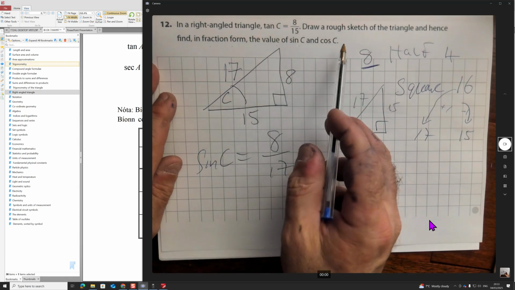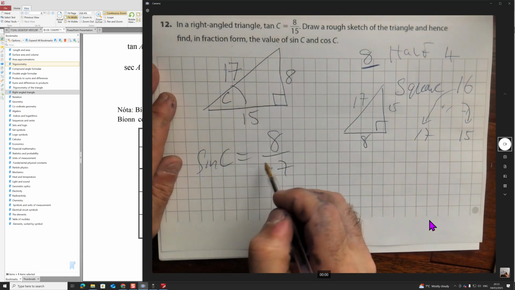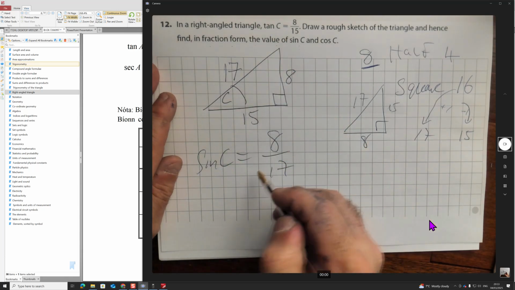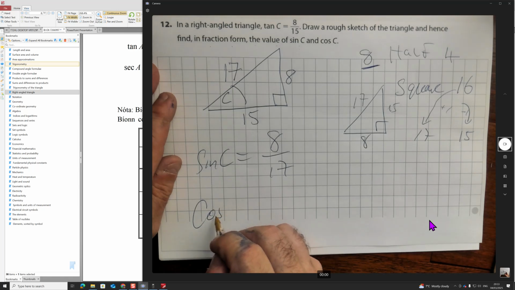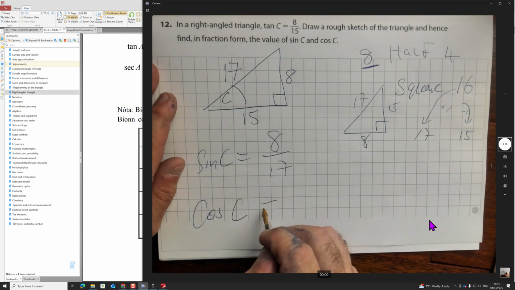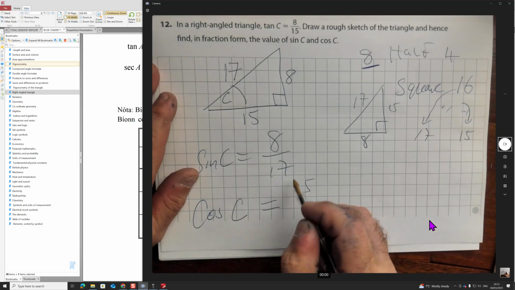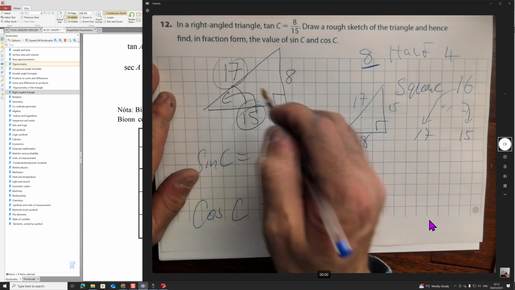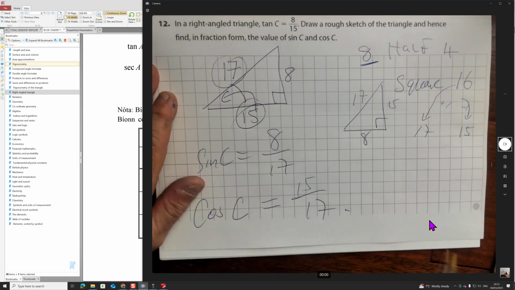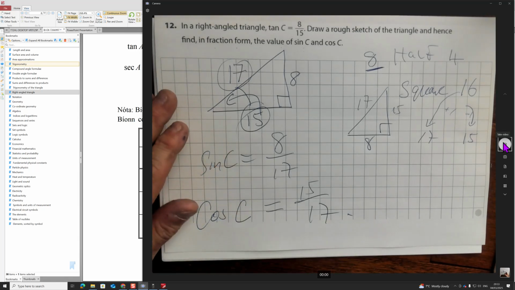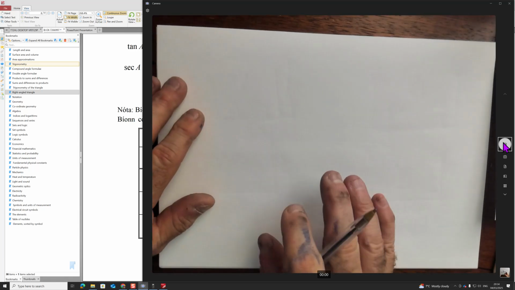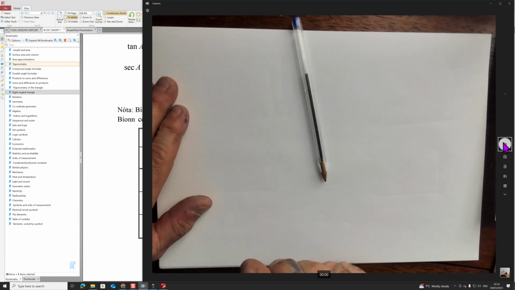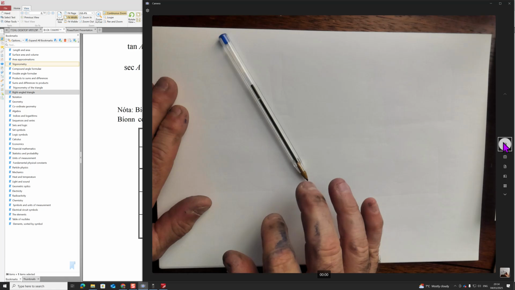Yeah, well, you would go naturally to continue on to Pythagoras. Sine of C is 8 over 17, and cos of C equals 15 over 17. Happy days, on to the next one. There is no next one. Happy days, on to the next section.